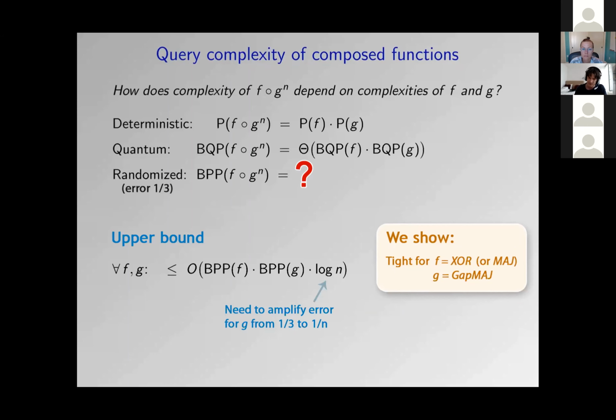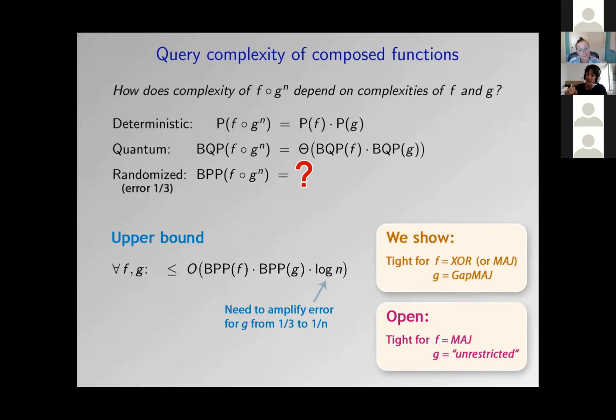We actually think that the inner function need not be chosen carefully, and the conjecture is that you need amplification for composition already if you just have one of these XOR or majority as your outer function, no matter what the G is.